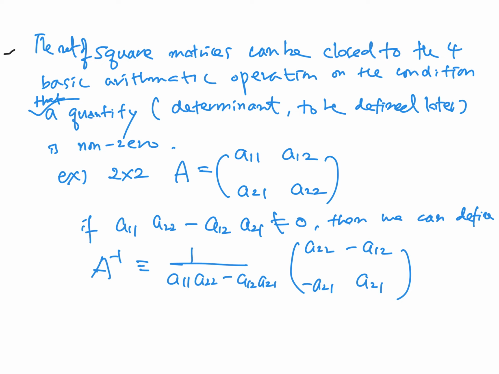So in comparison, for example, if the matrix A divided by B, let's say some matrix B divided by A, so actually can be defined as B times A inverse.